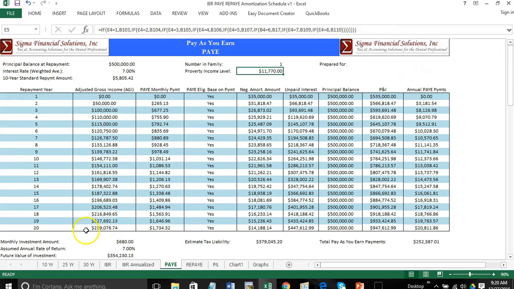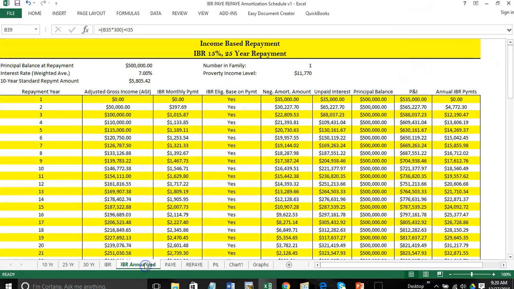So at year 20, and I'm using the same income amounts, at an income of about $239,000, your monthly payments are about $1,700, whereas with IDR, your monthly payments are about $2,600. So it's about a $900 per month difference compared to IDR.